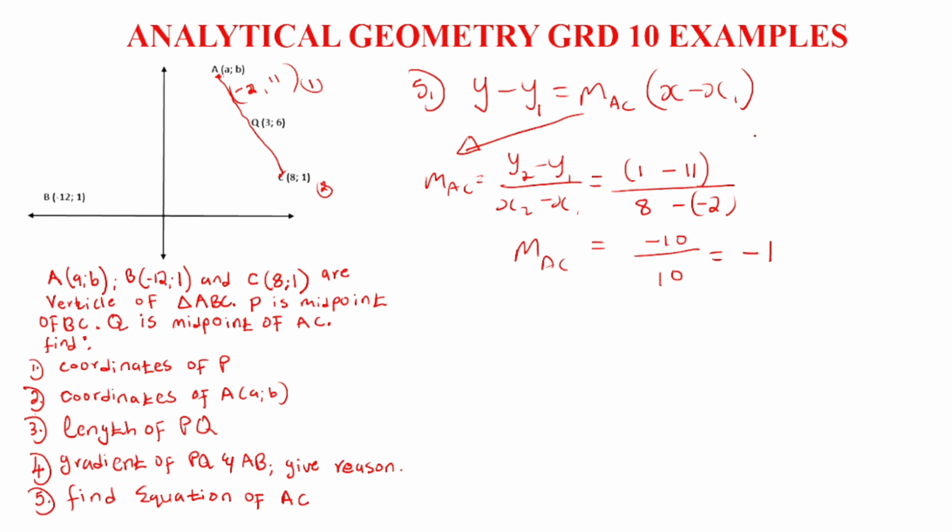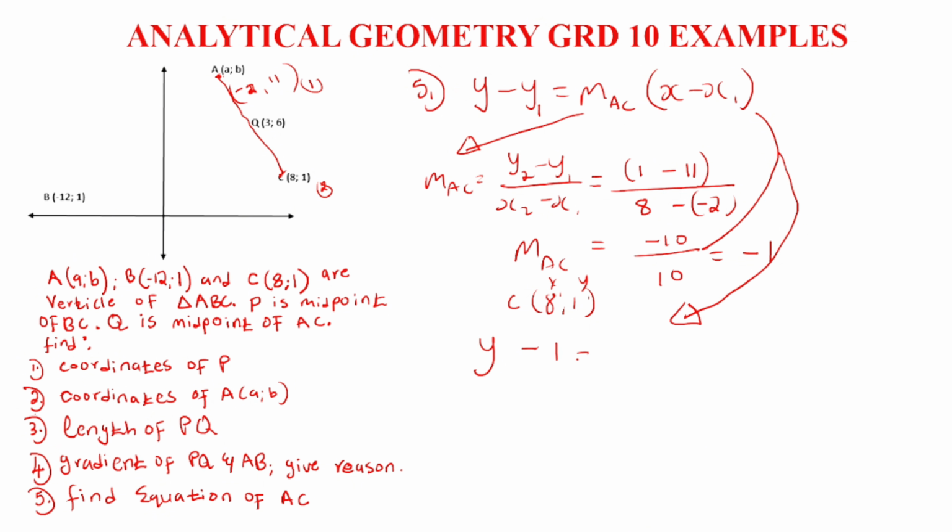Therefore we can substitute into this formula of ours. So guys, we can substitute here into this formula. We can choose any point, but let me rather choose the coordinates of C, which is (8; 1), as my x1 and y1 to do my equation.